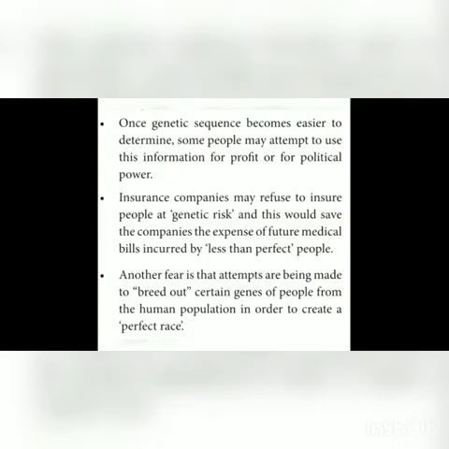Once the genetic sequence becomes easier to determine, some people may attempt to use this information to profit or for political power. Many insurance companies may refuse to insure people at genetic risk, and this would save the companies the expenses of future medical bills incurred by less than perfect people. Another fear is that attempts are being made to breed out certain genes from the human population in order to create a perfect race.